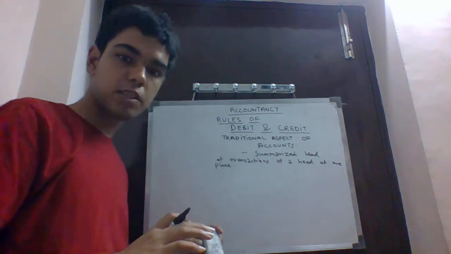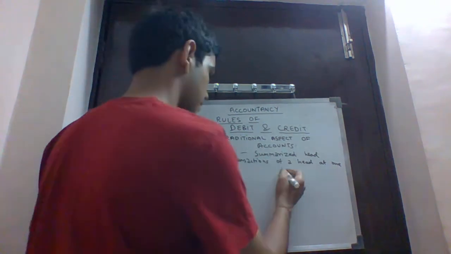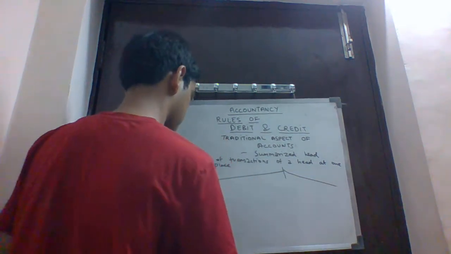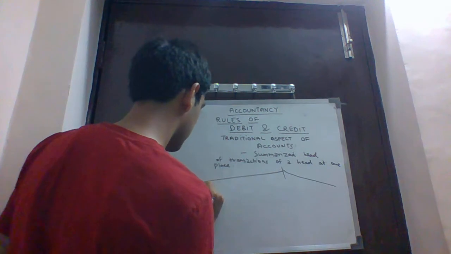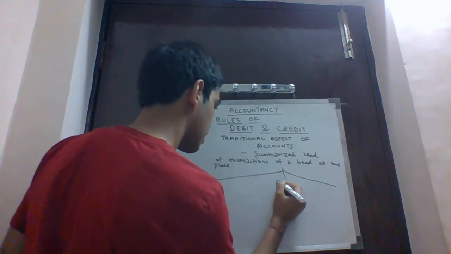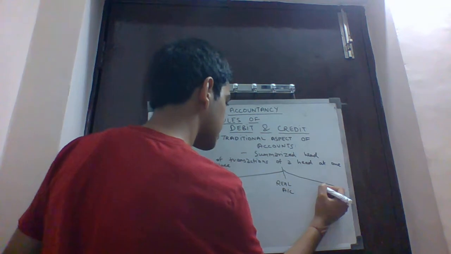So traditional aspects of accounts divides the accountancy term into three parts. First of them is personal account. Second is real account. And the third one is nominal account.